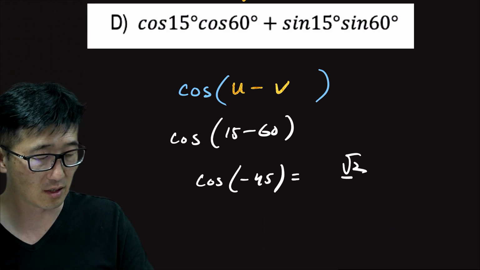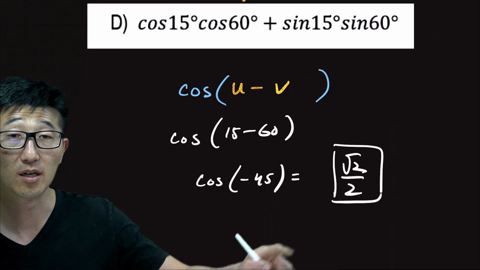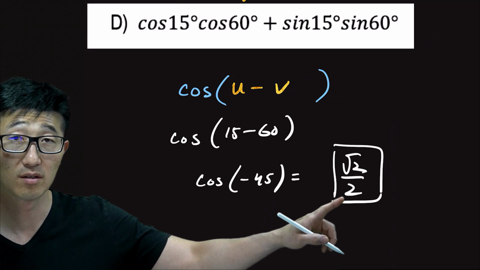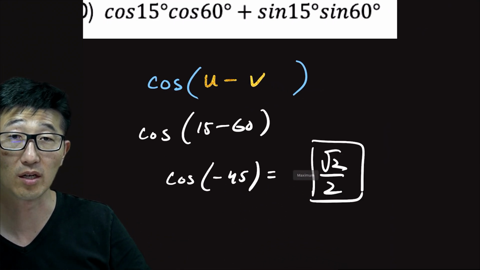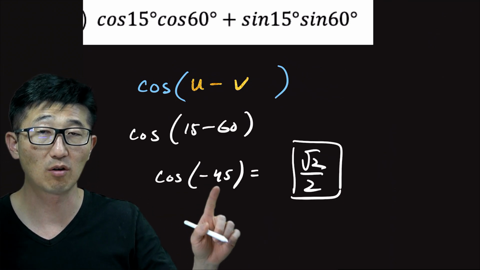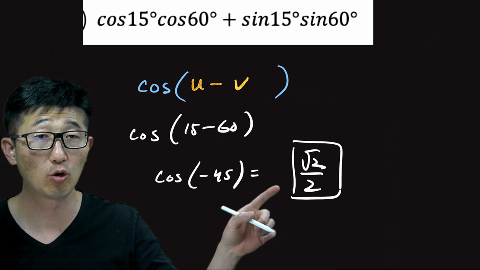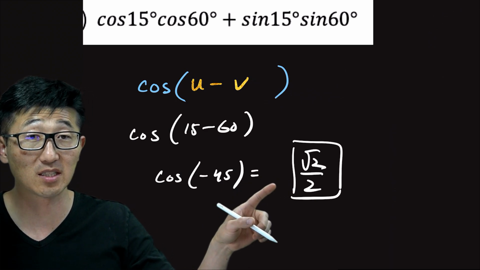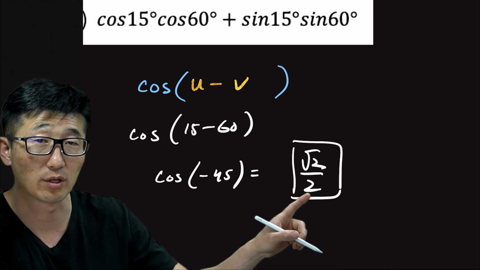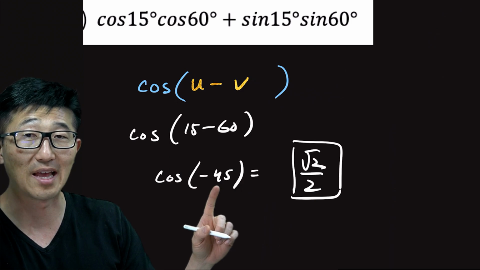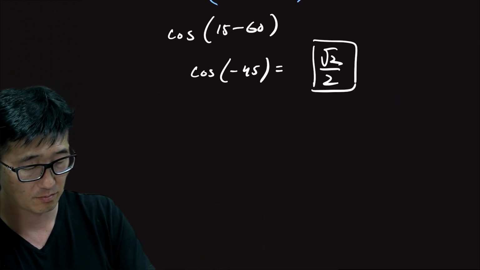Right. But the question is: is this going to be positive or negative? Even though we're doing negative 45, because the reference angle is 45, the value will always be radical 2 over 2. Now we just have to figure out if this answer is positive or negative. What quadrant are we in if we're going negative 45 degrees?